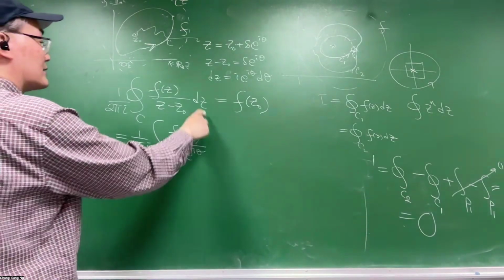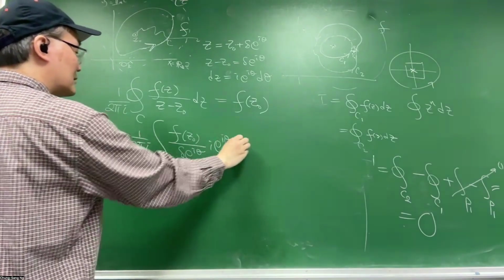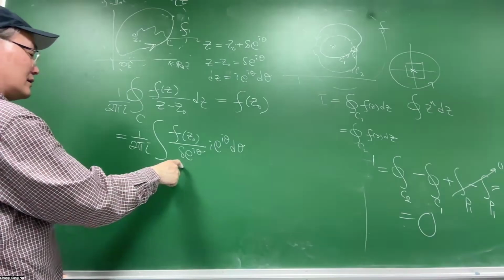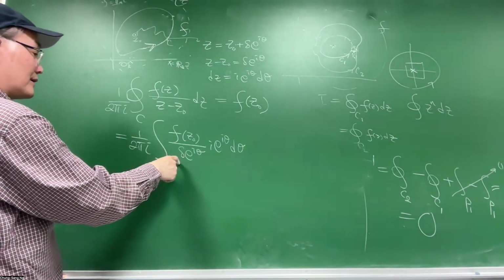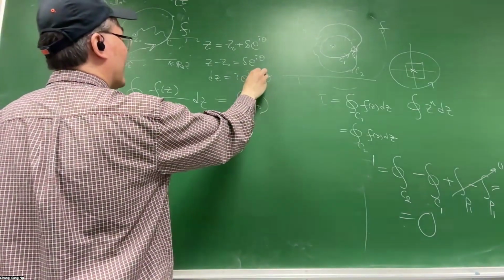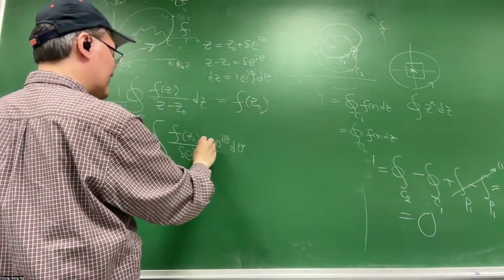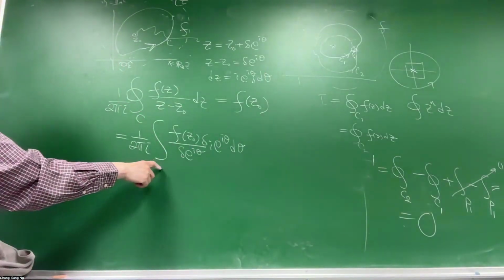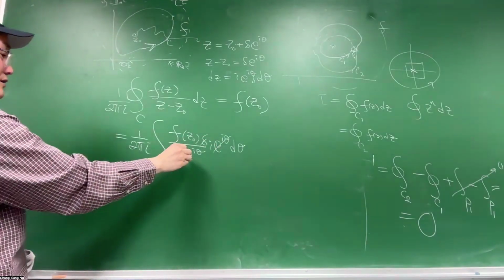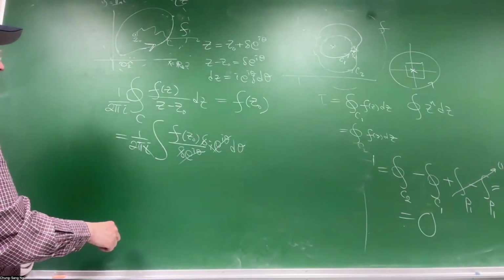So you get i e to the i theta d theta, and this is multiplied by delta. I forgot. Delta cancels with delta, e to the i theta cancels with e to the i theta, and this i cancels with this i.